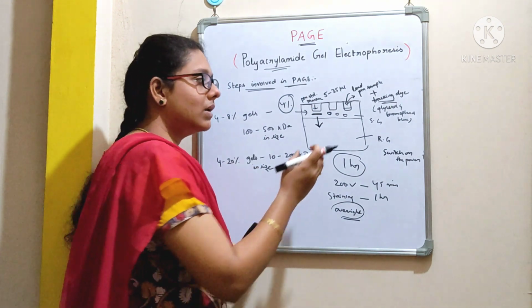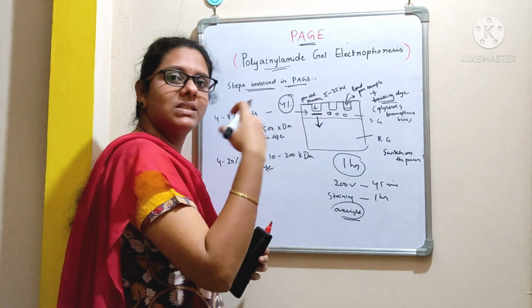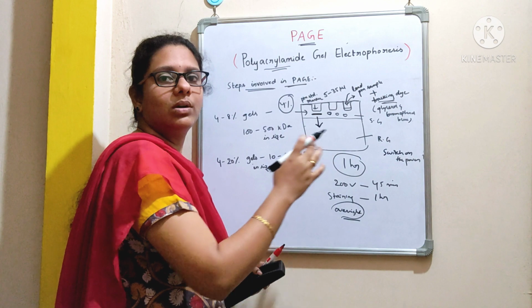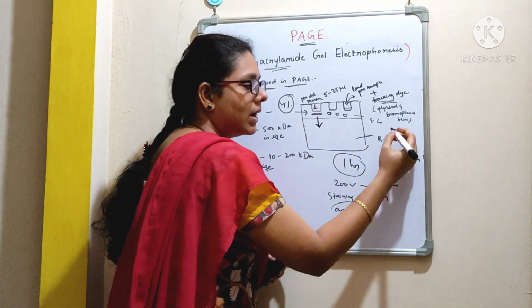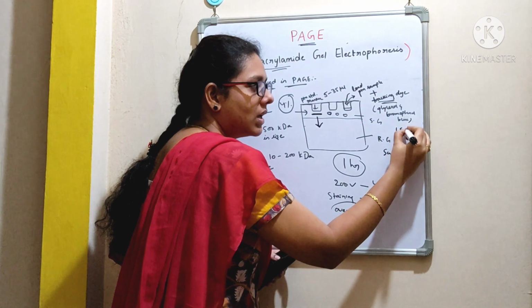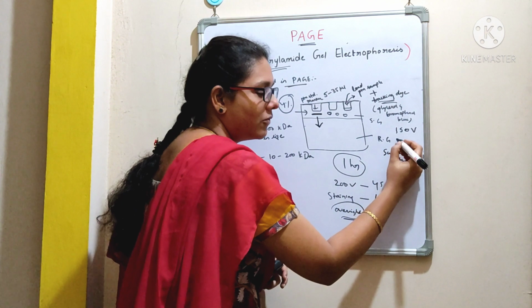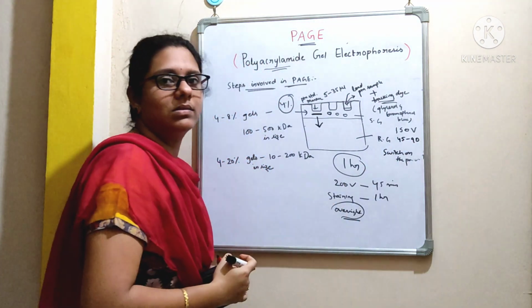Once you switch on the power, through these gel pores, the protein samples will start moving, and the proteins will be separated based on the size. For running a gel, it is recommended to maintain a constant voltage of 150 volts, and you have to run a gel for a time period of around 45 minutes to 90 minutes.